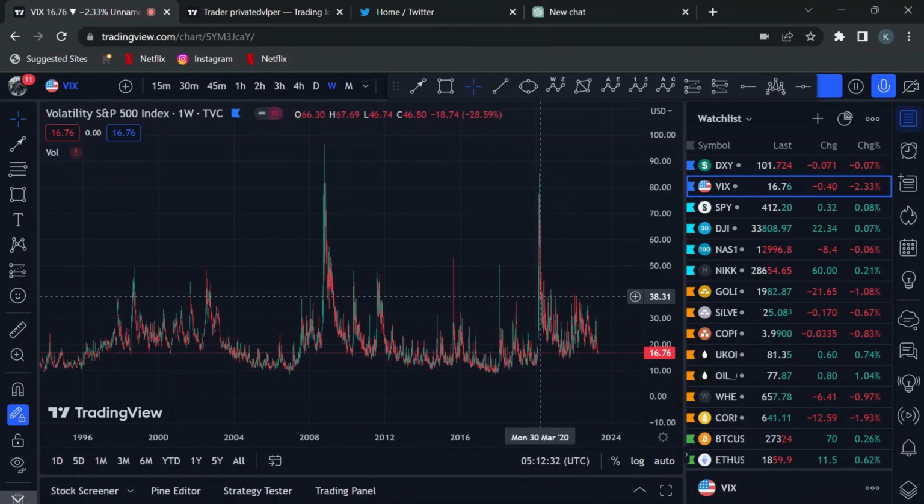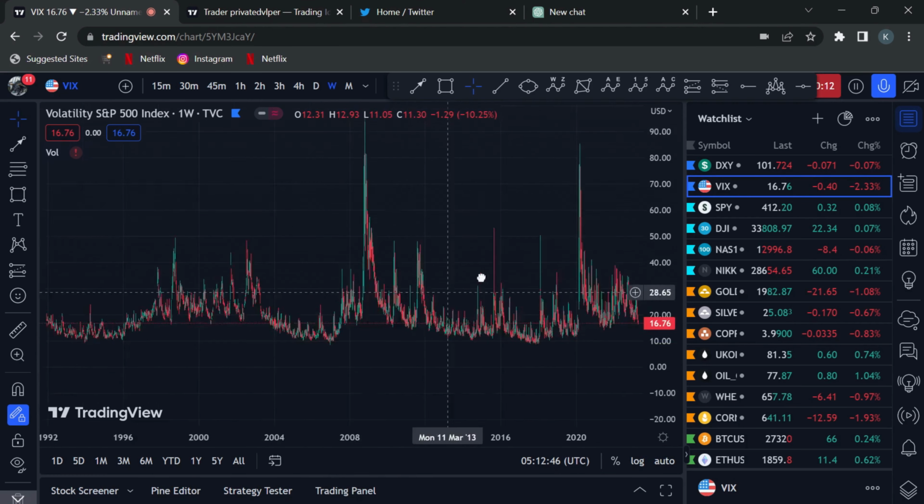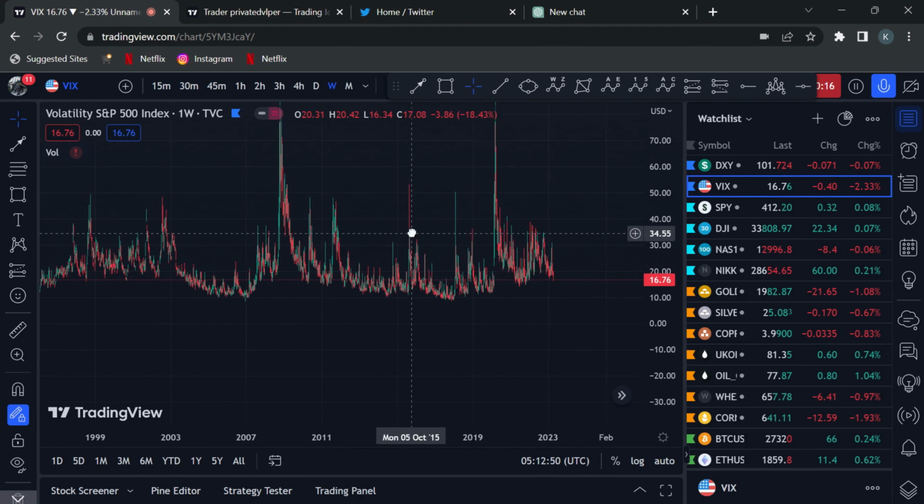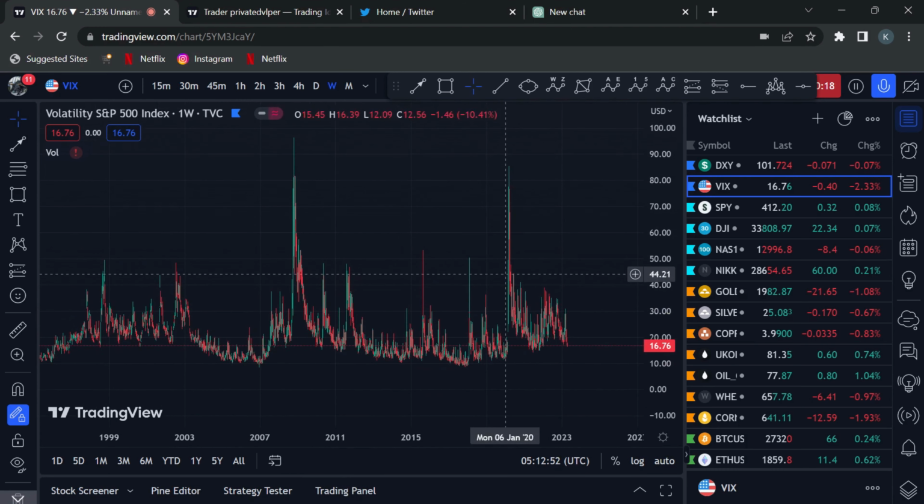So today I'm just focusing on one chart, the volatility index chart, and I just want to quickly explain how we can use the volatility index chart as Forex traders to quantify our risk.